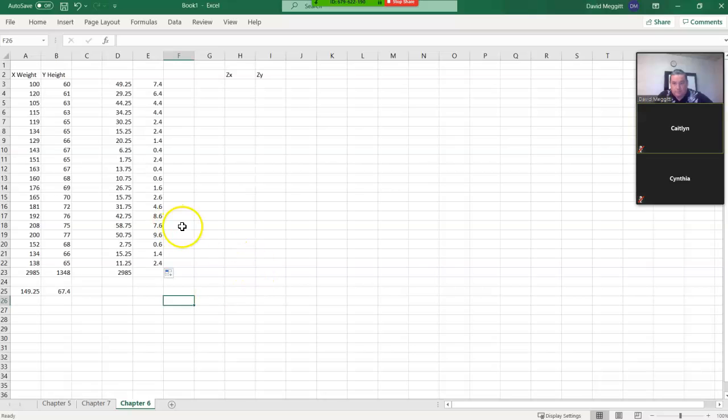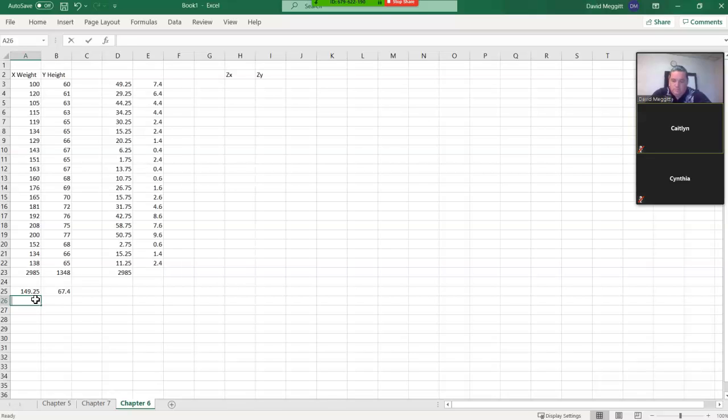Or I should say the multiplication of zx and zy. I didn't do the z yet, so sorry. We're getting there. Divided by the standard deviation. And that's also in the book too, so I'm just going to use the book's.